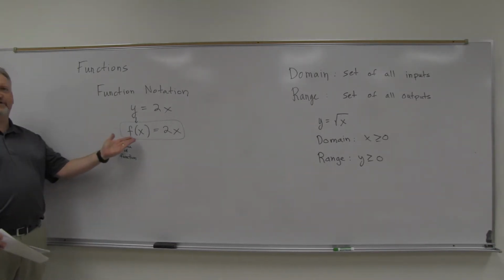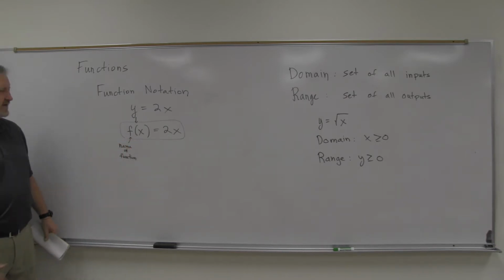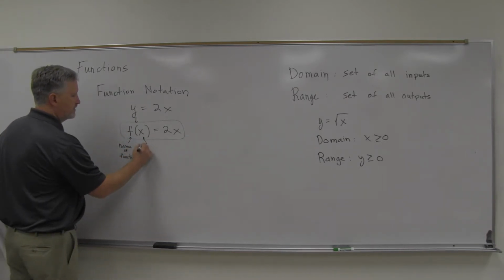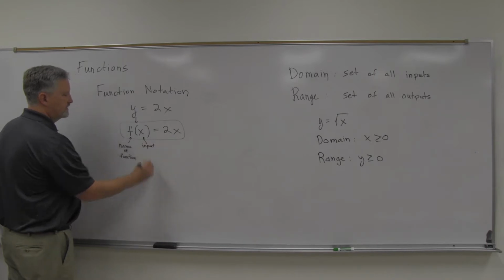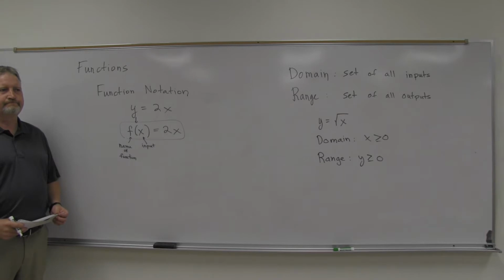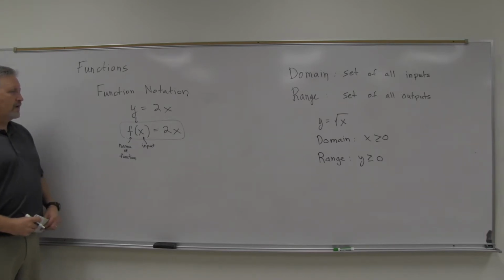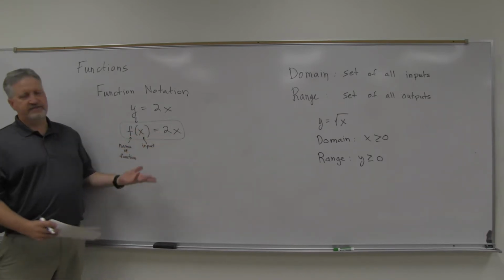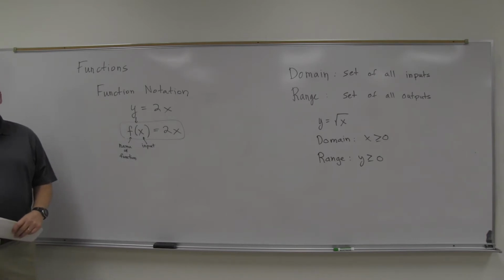Of course, the x here, the parentheses x, the nice thing about that is, yeah, that is considered your input value. The way we read this, and of course, the 2x is the defining expression for that function.